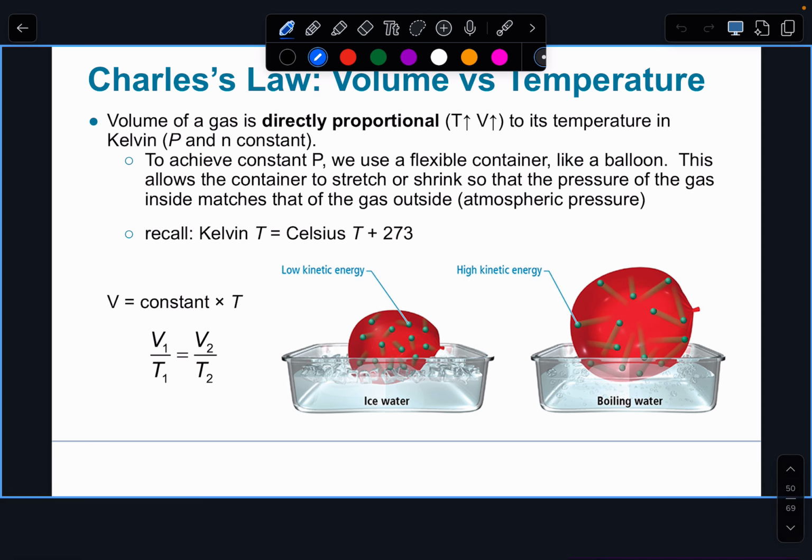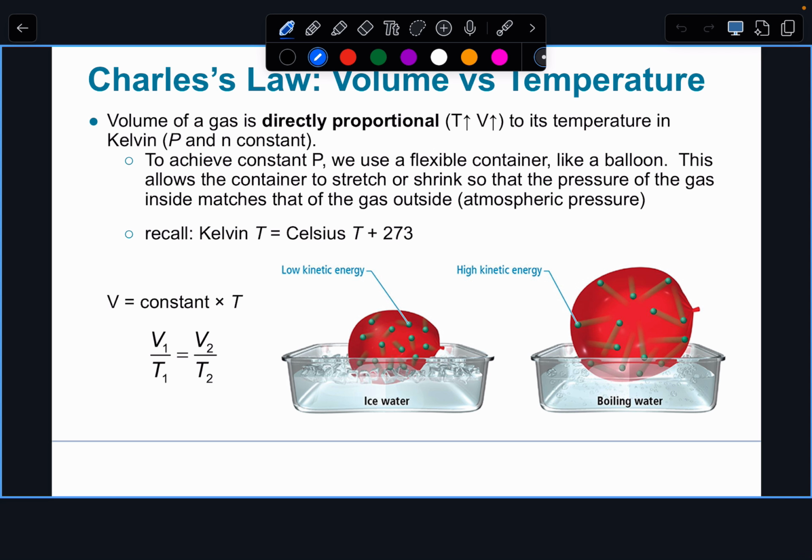Okay, one that's not in the simulation, or at least not in that simulation, is volume and temperature. And anytime we're talking about two things, we have to hold the other things constant, or else it would all get mixed up and confused. So N and P, we were holding V and T constant. When we did V and P, we were holding N and T constant.